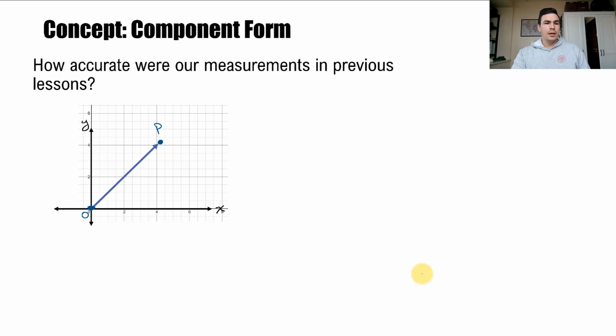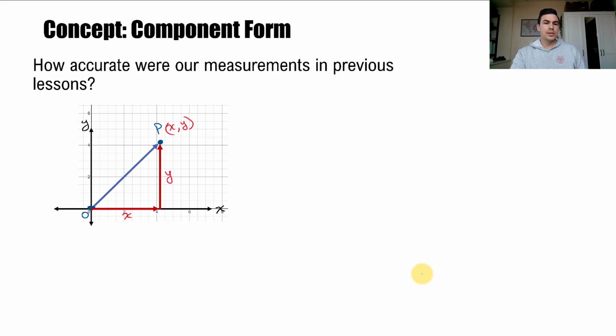As long as our initial point is on the origin, our terminal point is going to have some x value and some y value, just like any point would on the coordinate plane. So the coordinates for P would be (x, y).